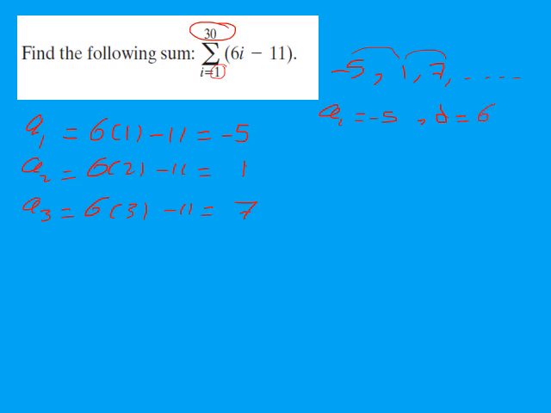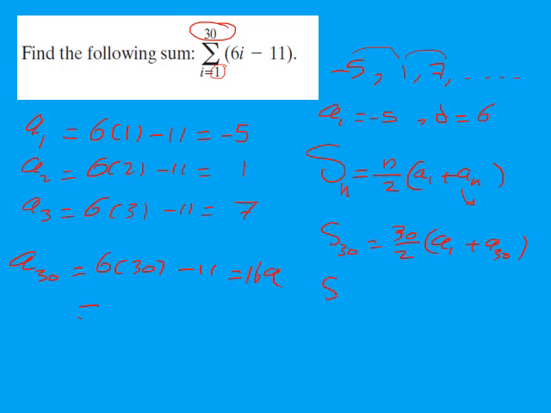So what if I want to find the sum of the first 30 terms? I'm going to follow the rule Sn is equal to n over 2 times a1 plus an. So here it's S30, 30 over 2 times a1 plus a30. So I go back to the rule and I want to find a30, which is 6 times 30 minus 11, which is 180 minus 11, 169.